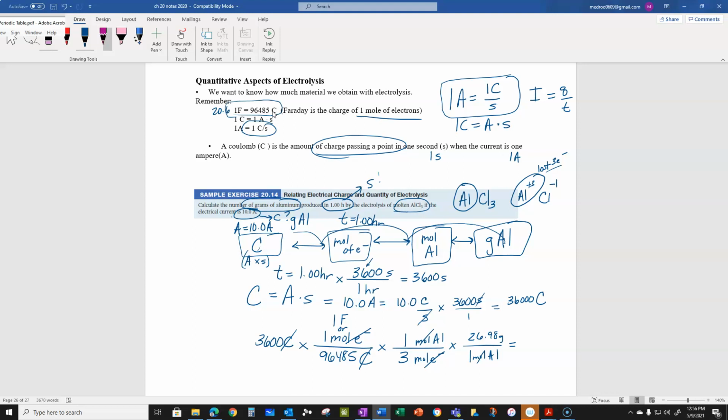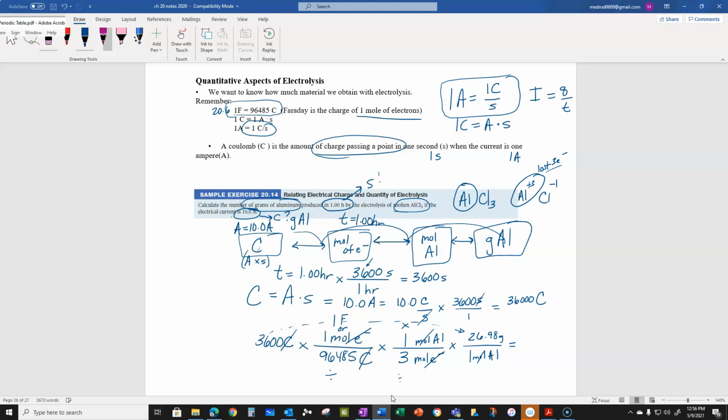Now, ladies and gentlemen, you do have 2 numbers on the bottom that needed to be divided. Okay, so multiply these first, and then divide, and then divide. Okay, so 3,600 multiply 26.98. Okay, and you get about 97,000. And then divide 96,485. And then hit divide again, 3.